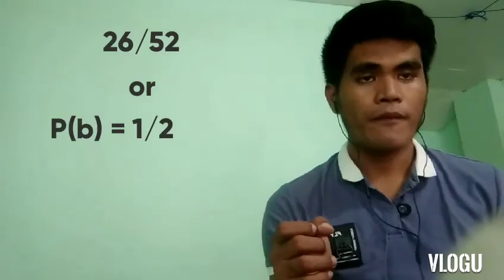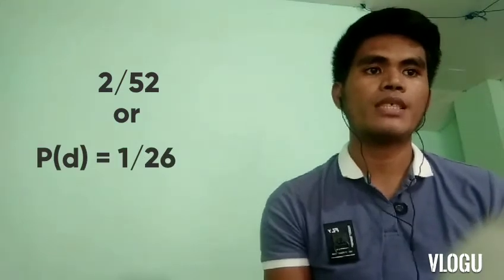So the probability is 26 over 52 or 1/2. The probability of getting a queen is 4 over 52, since there are 4 queens in a deck of 52 playing cards, or 1/13. And the probability of getting a red ace is 2 over 52 or 1 over 26.